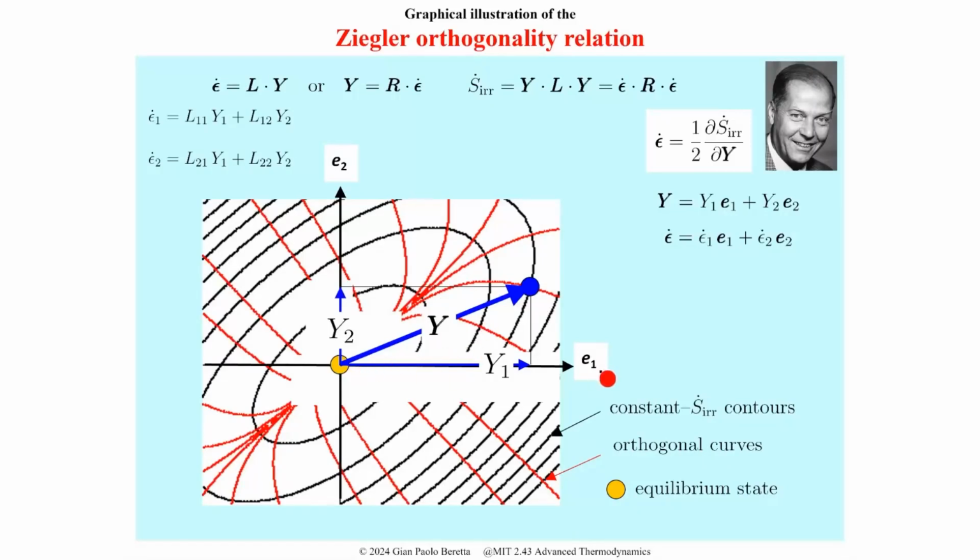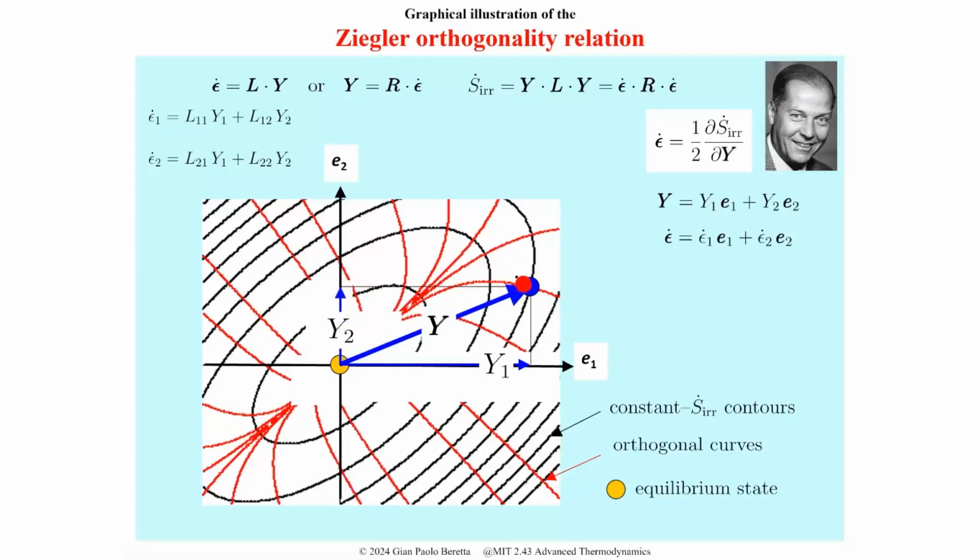And this plot wants to represent on a plane the affinities. So for example, suppose you are in this point here. It represents a non-equilibrium state in which the affinity of reaction 1 is this much. The center is 0, and that's equilibrium. And the affinity of the second reaction is this much.